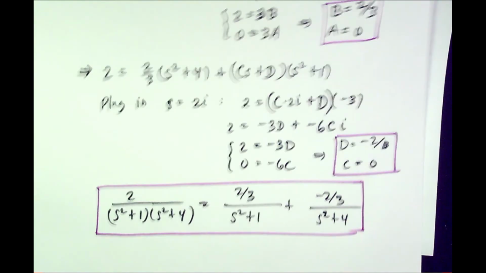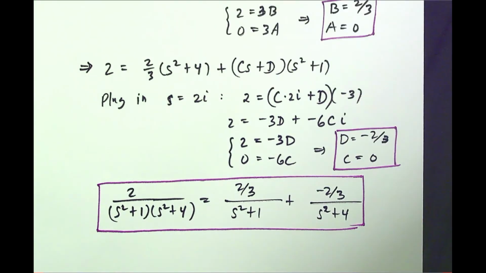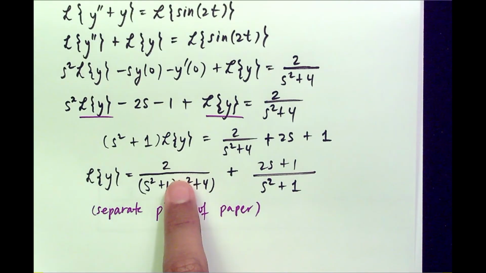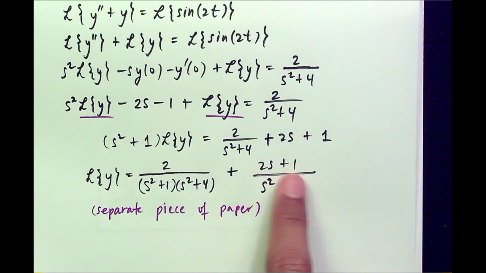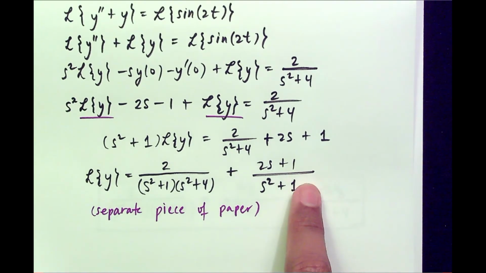Okay, now we have to do the same thing for the other term that we need to invert. We broke that one up, and we're going to need to break this one up. But that one is actually easy. You don't need partial fractions for that one. It's already done.